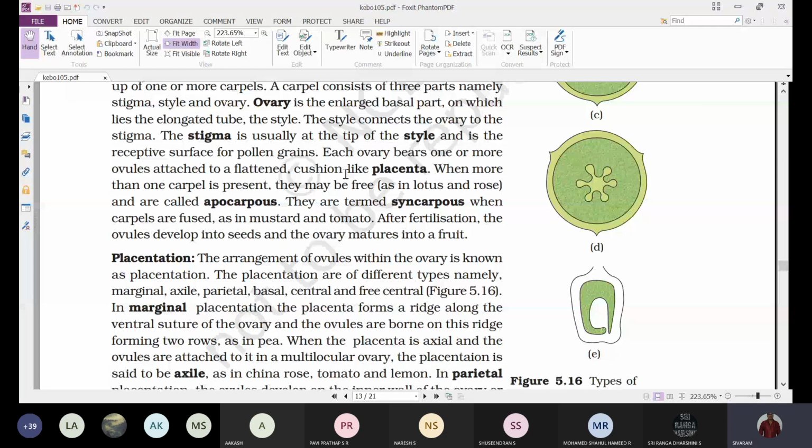So when you observe, collect one tomato flower carefully, take out the ovary, cut open the ovary, and we can definitely observe two chambers, the same as in the tomato fruit.